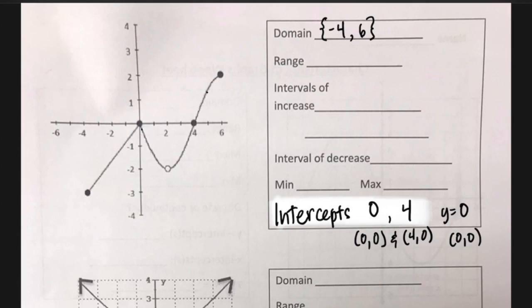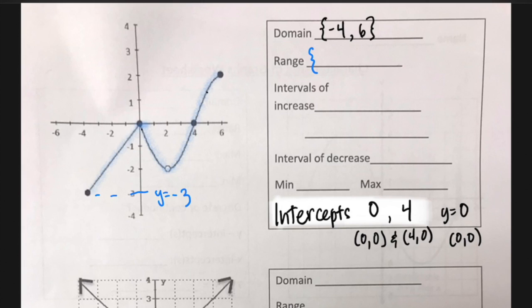And now it's time for me to look for my range. In this case, it's the y values. When I look at how the function goes up and down on the y-axis, I identify that there's a range that this graph stays within, and that would be y is -3, and it goes all the way up to 2.